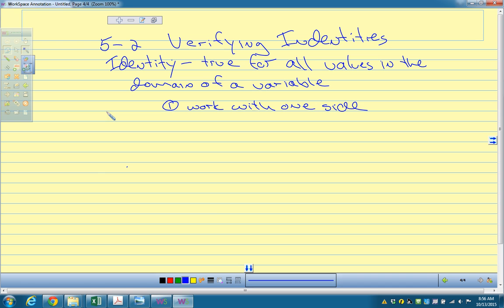Really what you're trying to do is get the left side equal to the right side, or the right side equal to the left side. If you work with both sides, it gets really confusing, A, for me to follow, and B, for you to figure out where you are with the identity. So work with one side, and usually the more complicated one, okay?